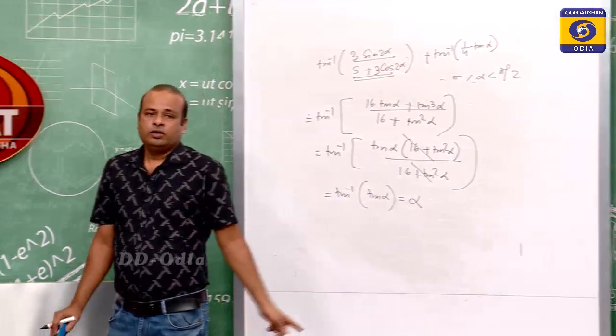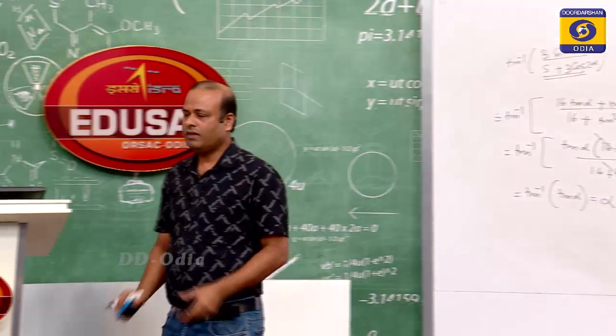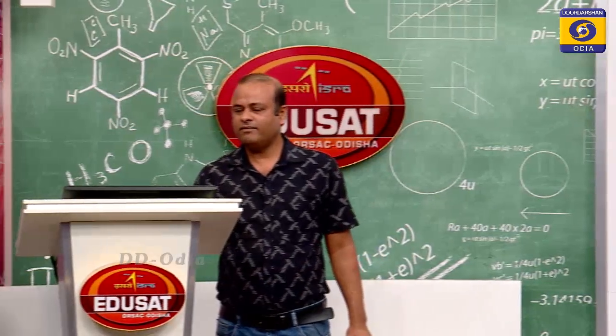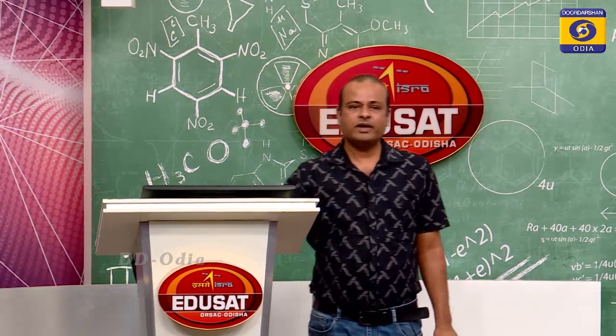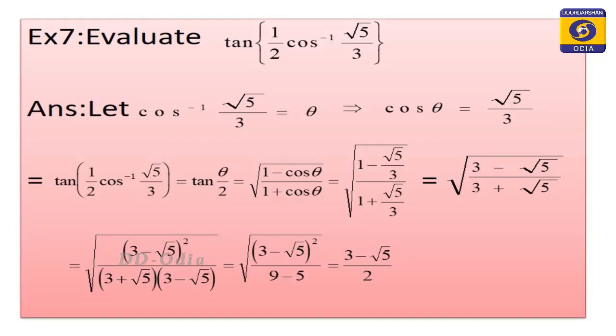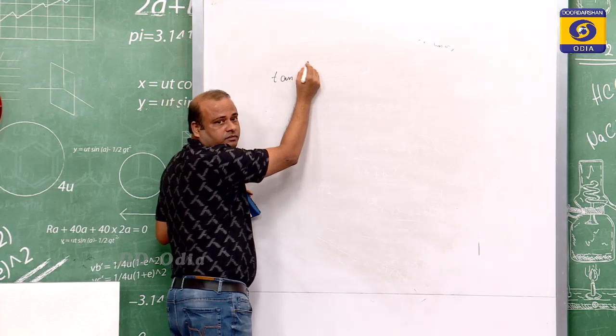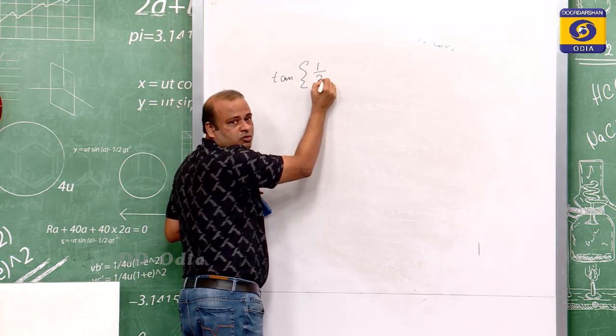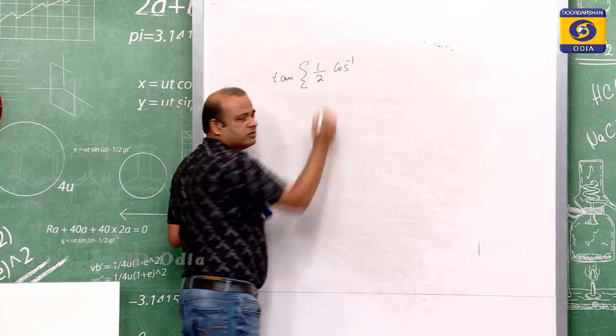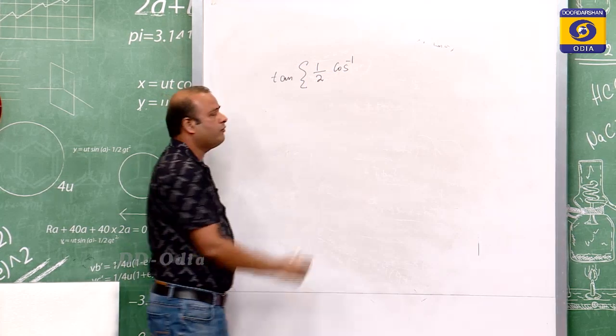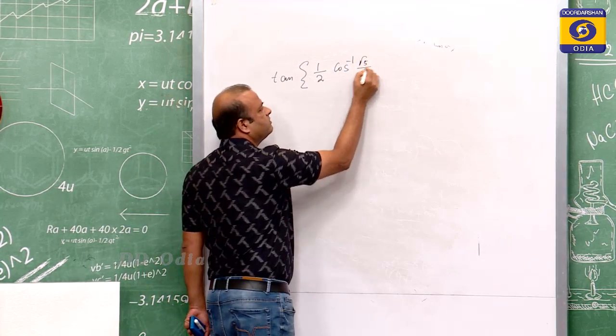That one is one of the important problems. Now let us evaluate another problem: tan of 1 by 2 cos inverse root 5 by 3.